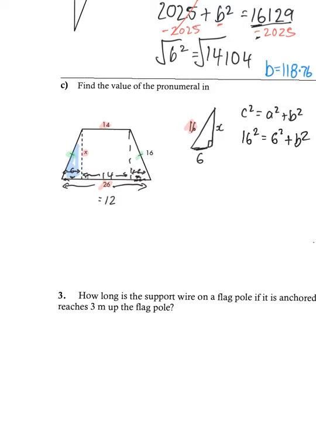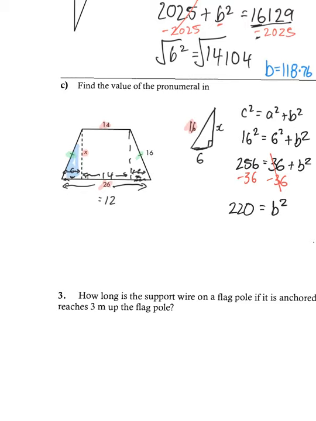So I'm going to do 16 squared, which equals 256, equals 6 squared, or 6 times 6 is 36, plus our b squared. Now it's just our linear equation, solving for b. We're going to get b by itself, minus the 36 from both sides. So I've got 220 equals b squared.